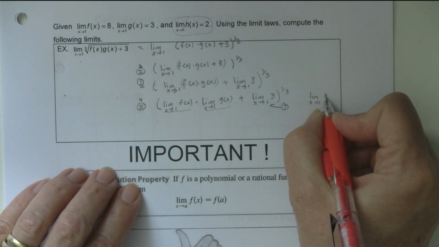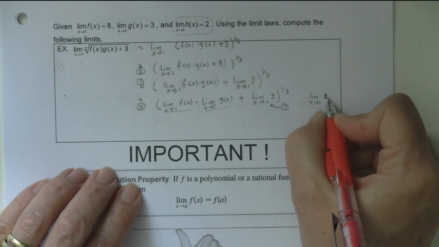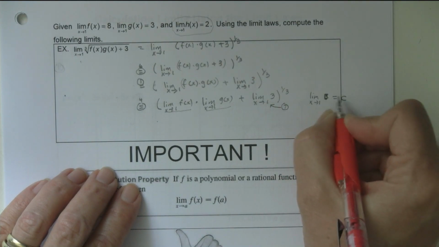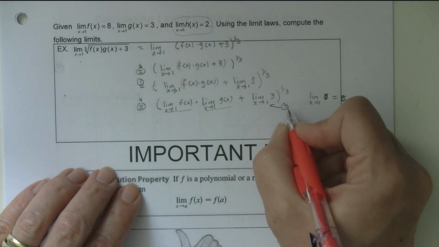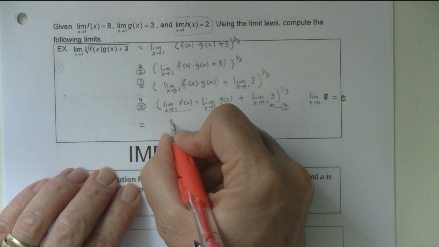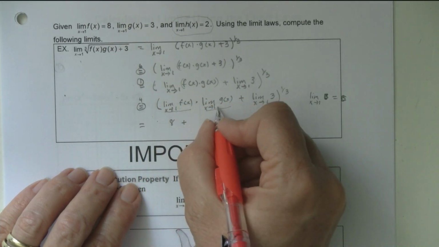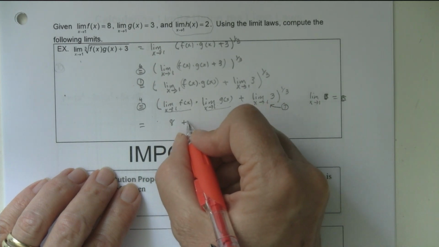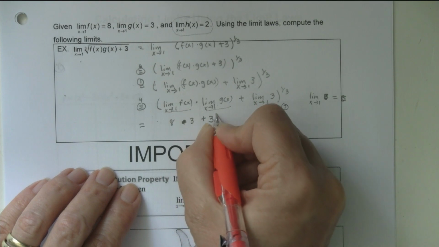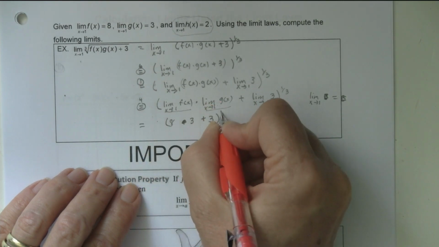My constant is 3, and they said that when I had a constant, this would equal the constant. And so this is equal to 3. So this is going to be 8 times 3 plus 3, all raised to the 1/3.